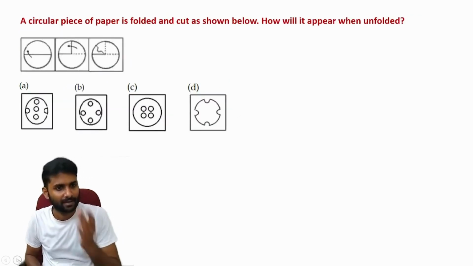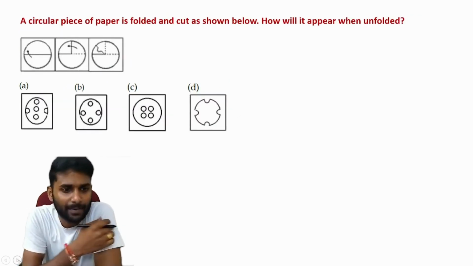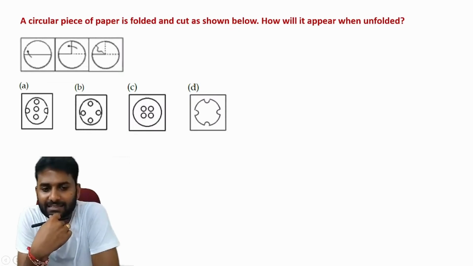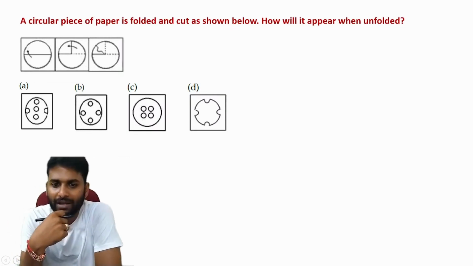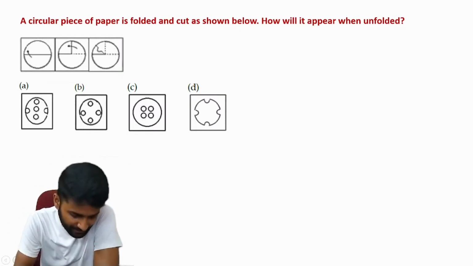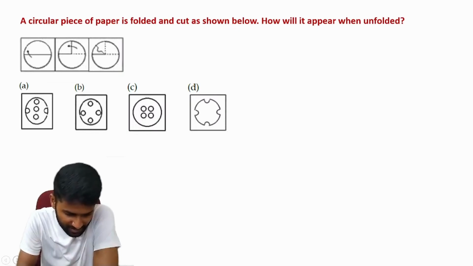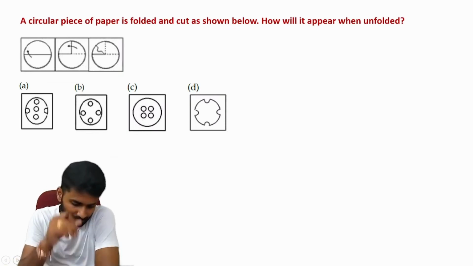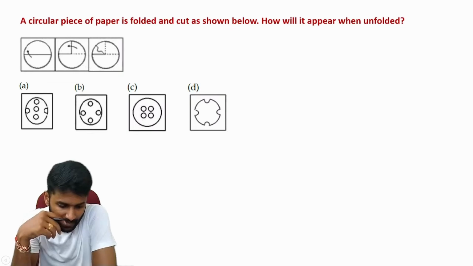Next. Now here, a circular piece of paper is folded and cut as shown below. How will it appear when unfolded? So this is the paper cutting and paper folding concept. Once it is open, how does it reflect on the entire paper?